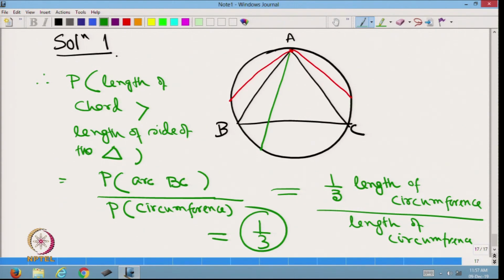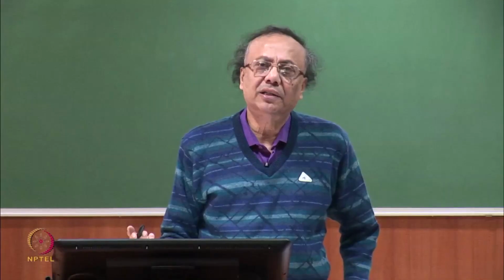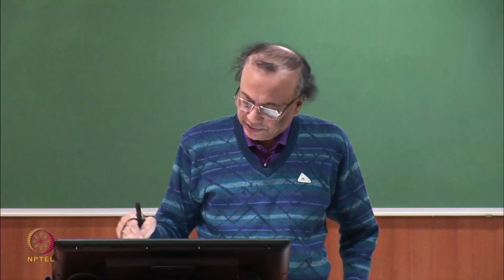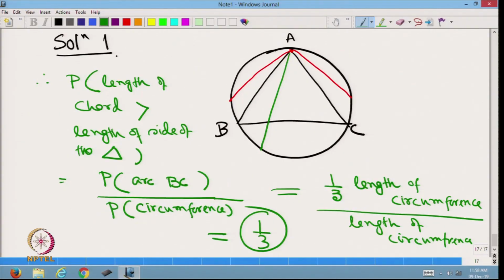You have to understand that we have fixed one end of the chord at one of the vertices of the triangle. Therefore, any arbitrary equilateral triangle that you take, we can always see that the same thing is going to happen, and therefore, the probability of the event is going to be 1/3.